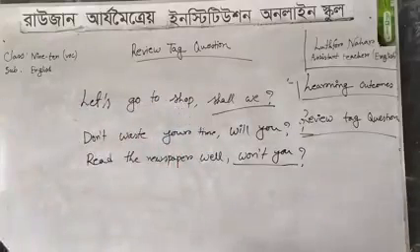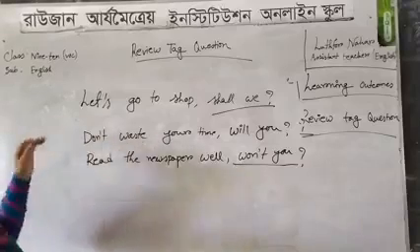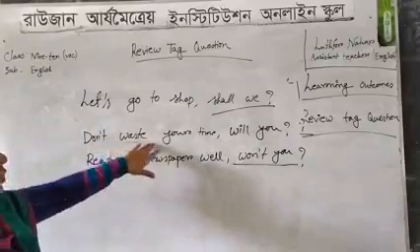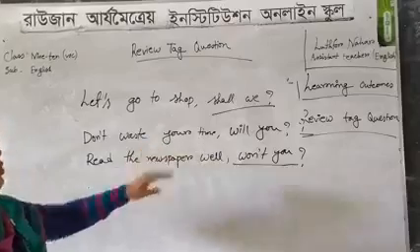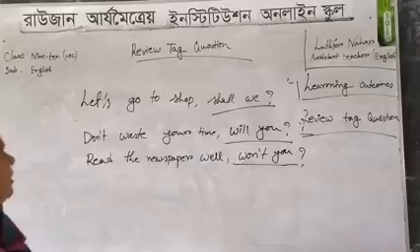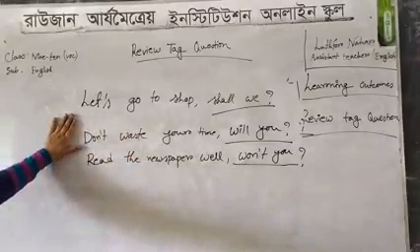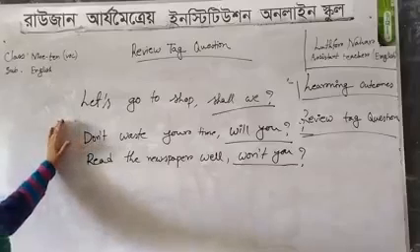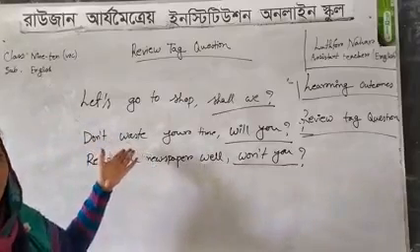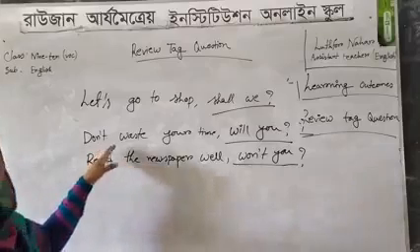There are two kinds of imperative sentence here. First, the speaker wants to tell the listener, don't waste your time. It is to order someone to do something or not to do something.